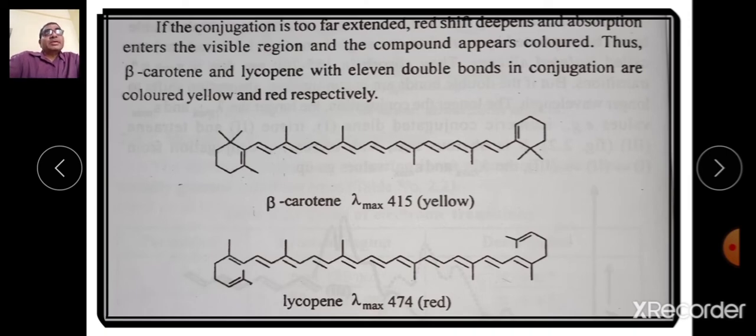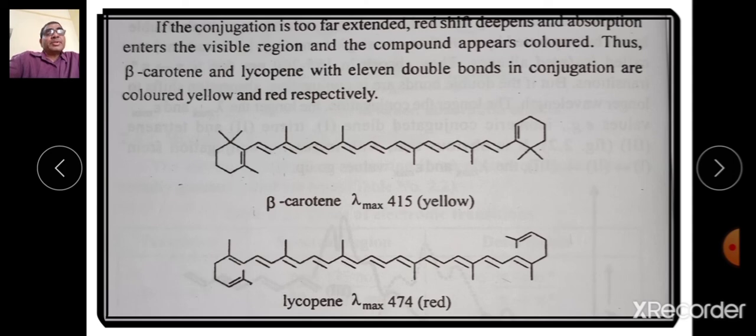Okay, look here, double bond, single bond, double bond, single bond, and so on, alternating through the whole chain. Look how much conjugation is increased, and this increased conjugation absorbs the wavelength of the longer side. The absorption, that is the lambda max of this compound, is at 415 nanometers.